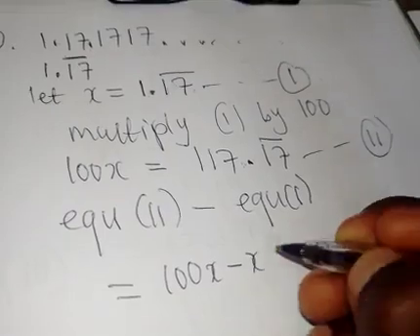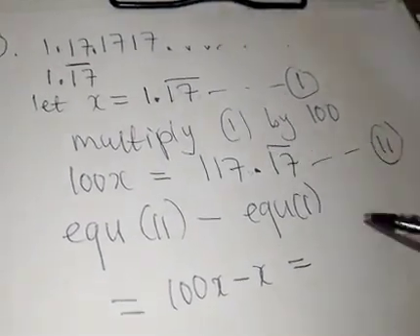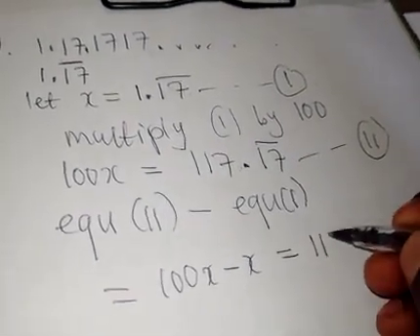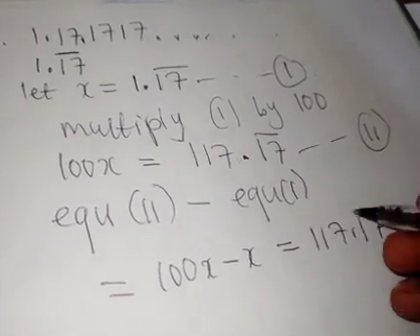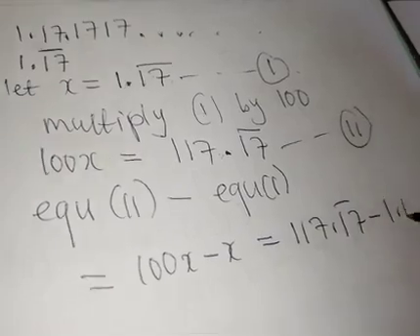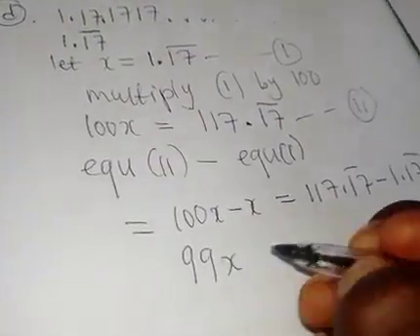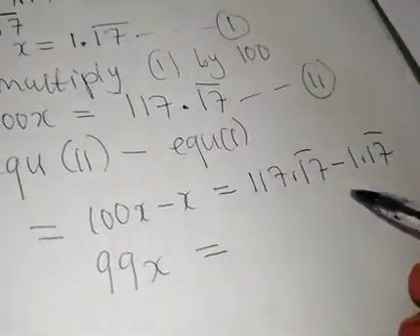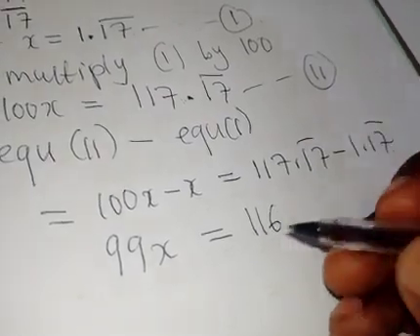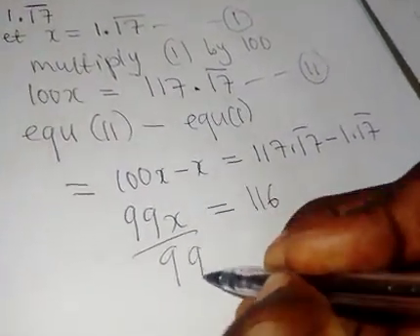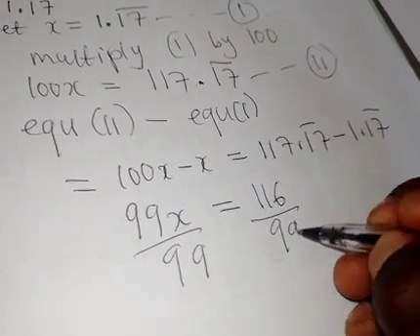This will be equal to, for equation 2 we have 100x minus x being equal to 117.17 minus 1.17. So on this side you get 99x being equal to 116. Then we divide it by 99 over 99.